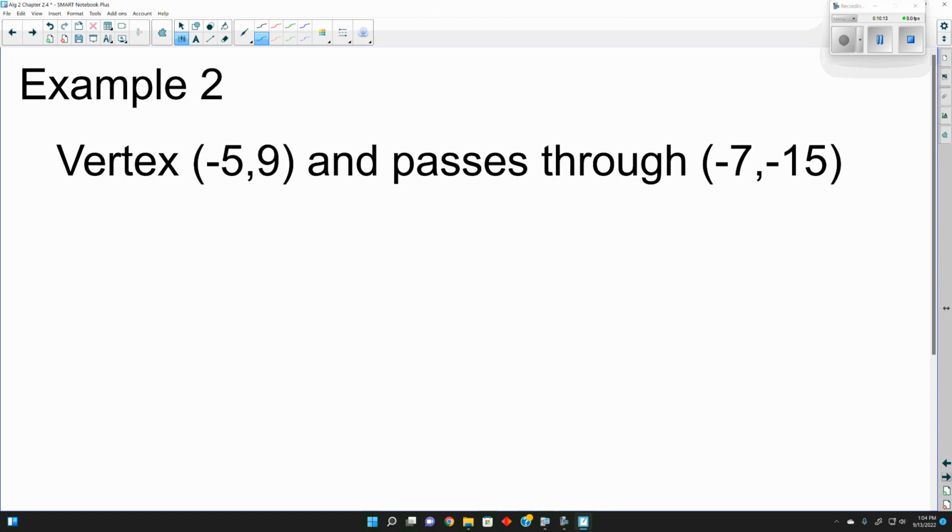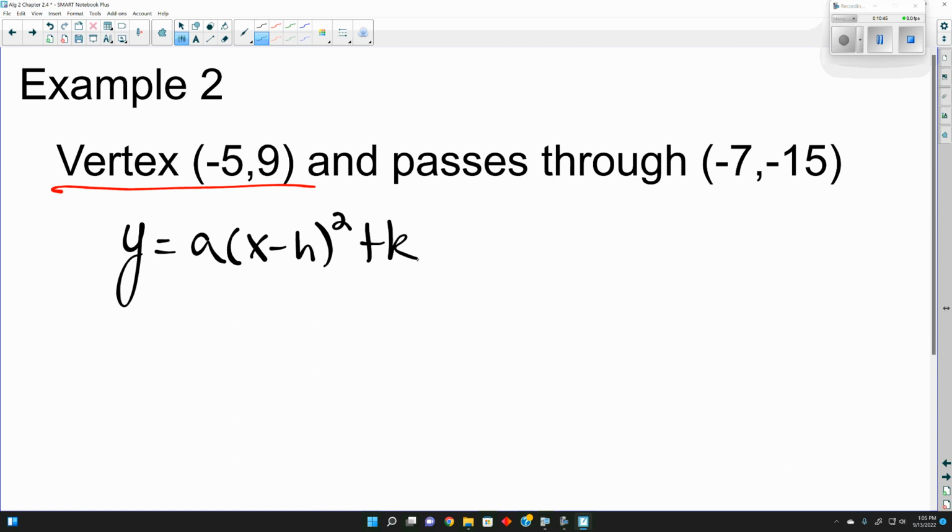So let's look at example 2. Which of the two forms are we using? Right, the vertex form, yes? Because it kind of gives it away. We're using vertex form, and the variables that we'll need to find are the values of A, H, and K. Now we know what H and K are.